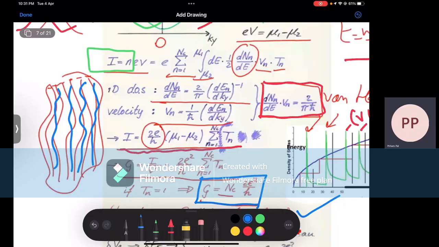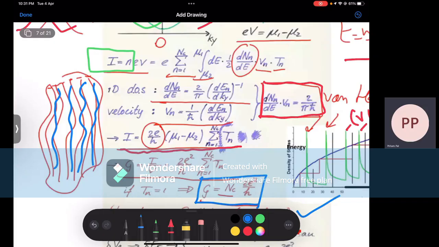Now you can make the theory a little more complicated, allow the channels to scatter into each other, allow finite transmission, and then in the language of the channels and the scattering transmission matrix, you can describe any process of electrons traveling through any kind of material.